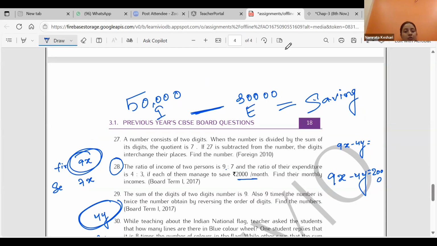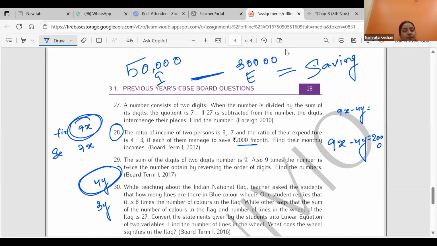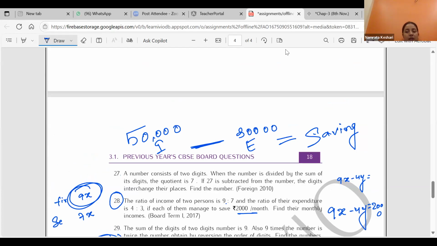The income of the first person is 9x and the income of the second person is 7x, because it is written the ratio of income of two persons. Then it is written the ratio of expenditure is 4 is to 3. So the expenditure of the first person is 4y and the expenditure of the second person is 3y. This way only we split the ratio anywhere in mathematics.